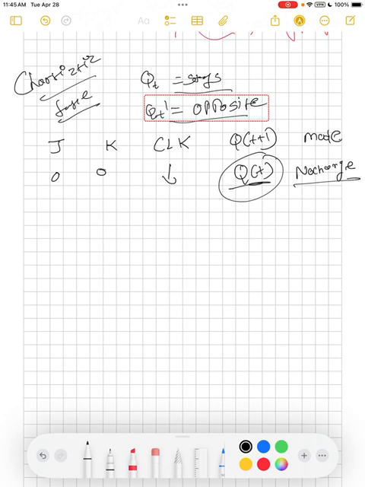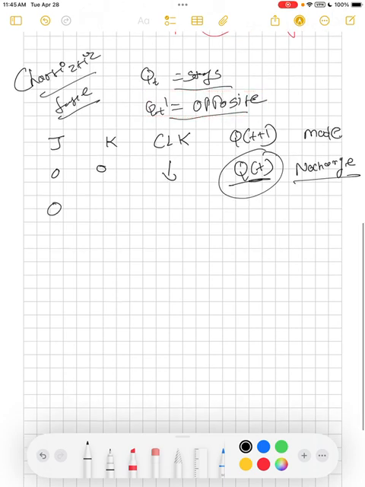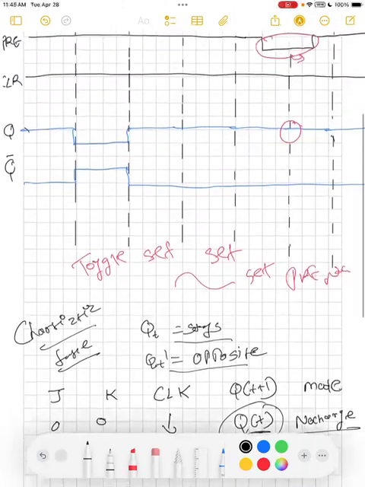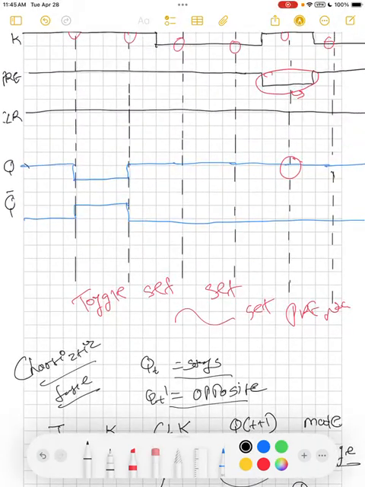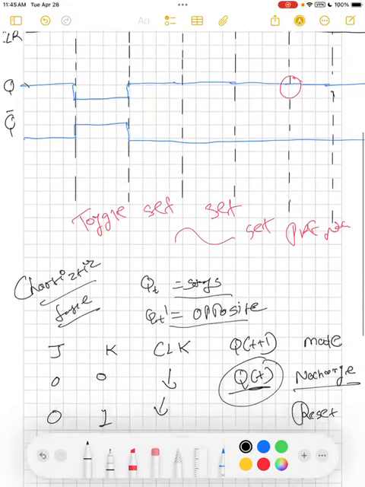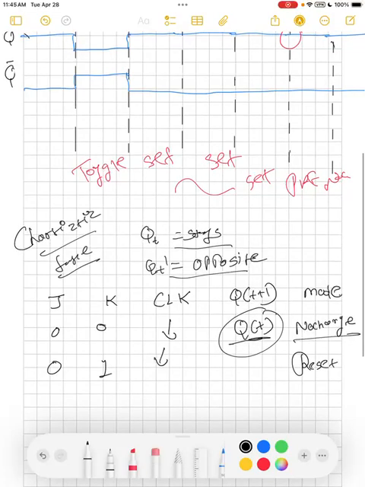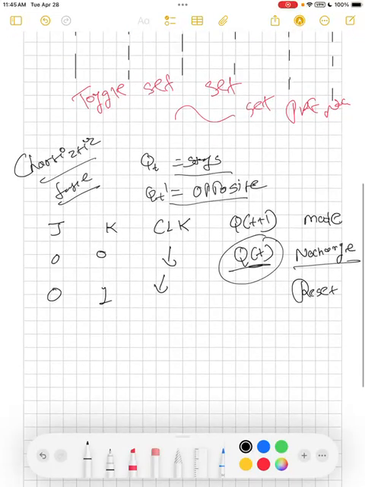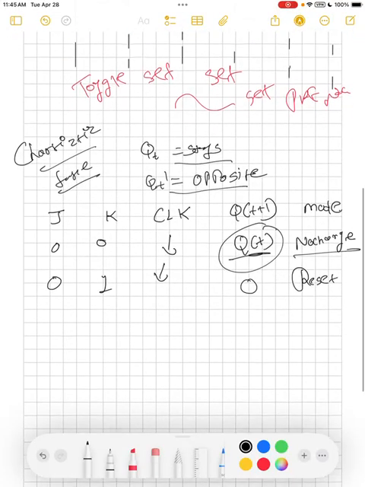And when J is 0, K is 1 at the falling edge, this mode is reset. The reset forces the output to 0 regardless of the previous value, so 0.